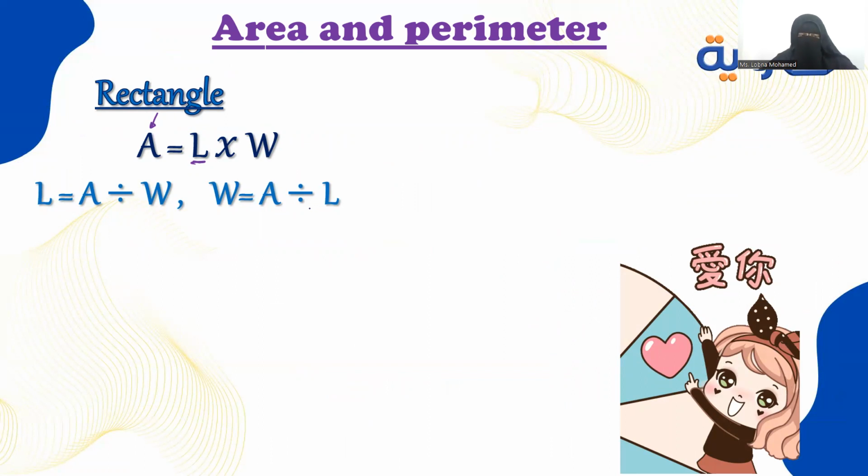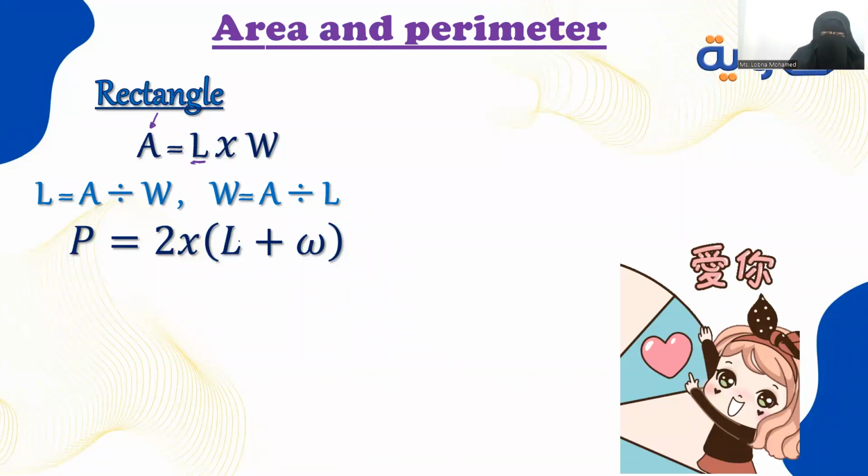What about the perimeter of a rectangle? We can add all the sides. So we can say length plus width plus length plus width. Or we have another rule: 2 times length plus width. But what if the length is missing? How can we get it?